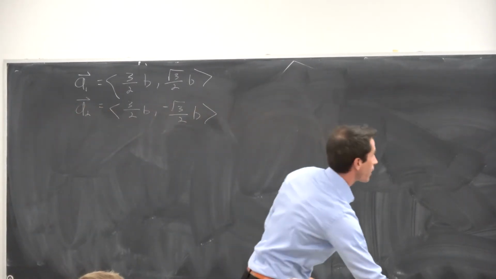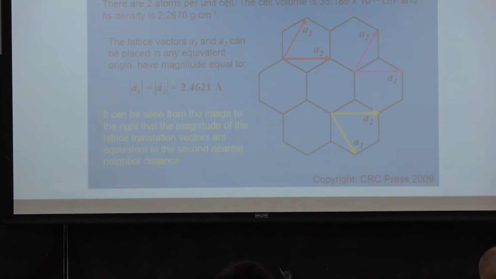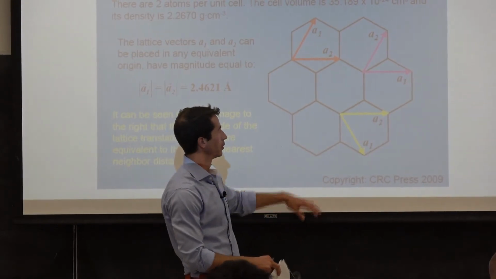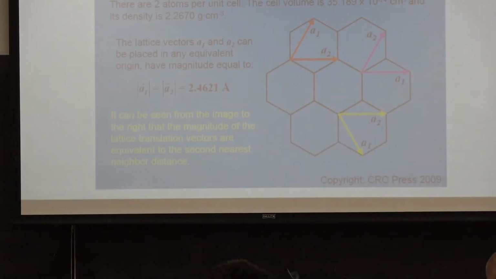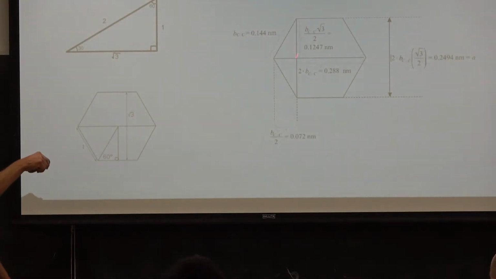Okay, so this is the x and y component within A1 and A2. And A2 we're calling negative by convention because it's going in a different direction. We could, of course, switch which one we're calling A1 and A2. But we see where these numbers came from based on this geometry. This distance right here is the square root of 3 over 2 times the carbon-carbon bond length. Okay?